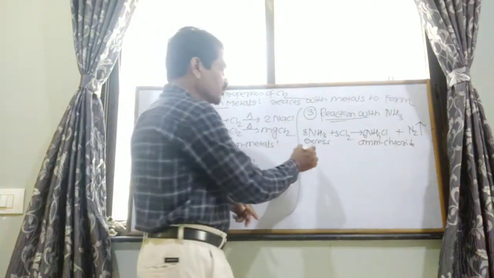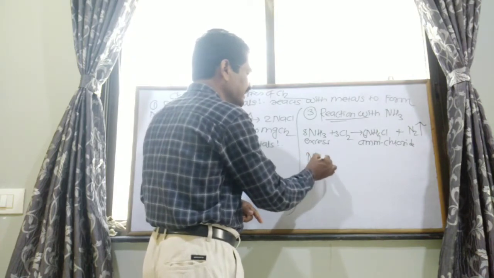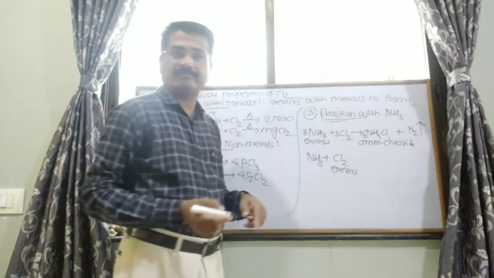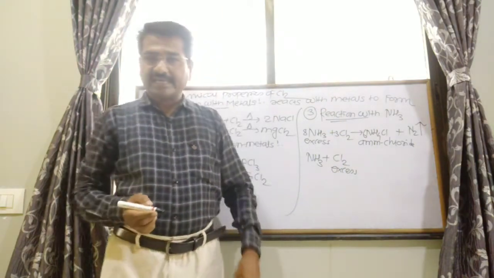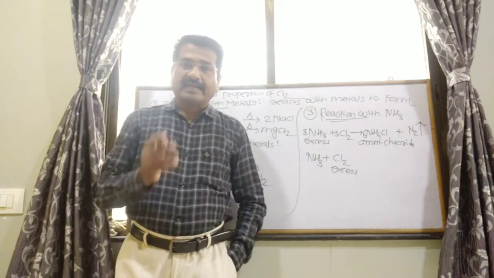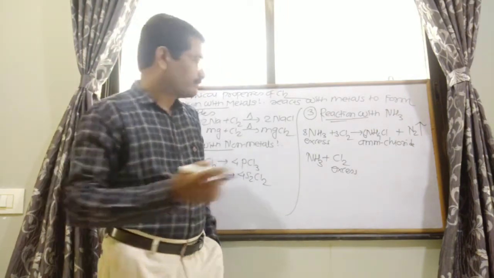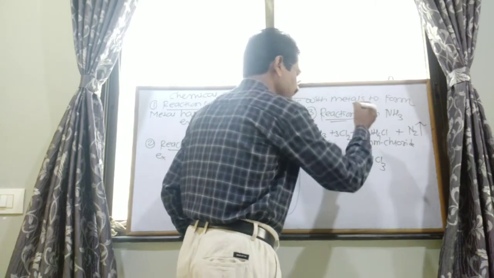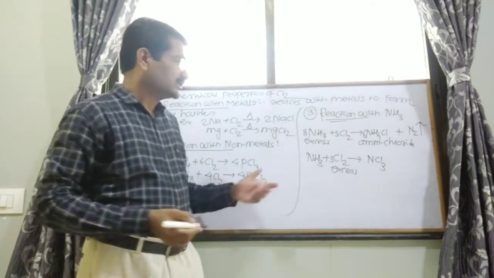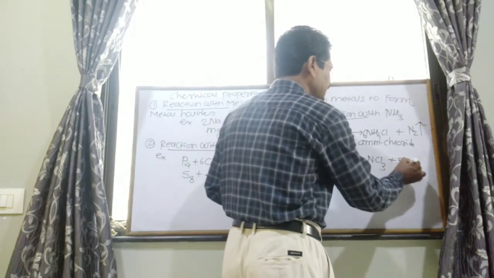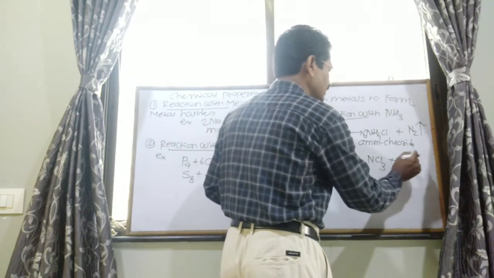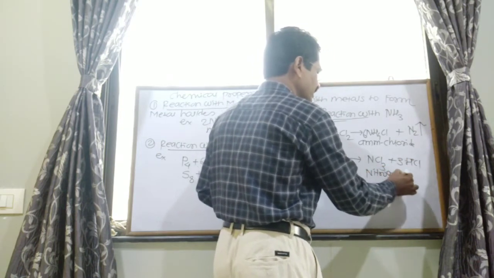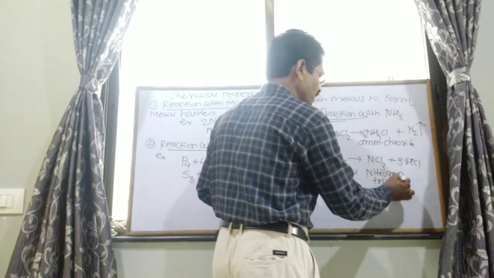Another way: suppose chlorine is taken in large quantity, in excess, then it gives nitrogen trichloride, NCl3, plus 3HCl. This is nitrogen trichloride.